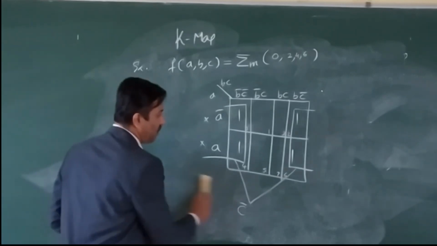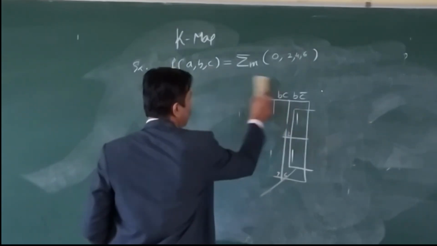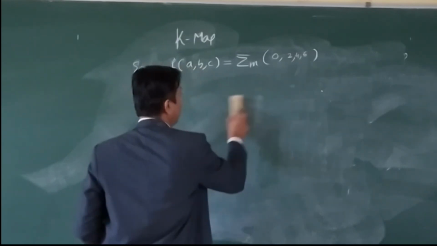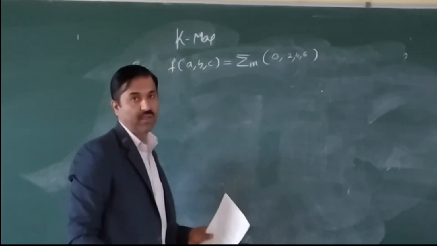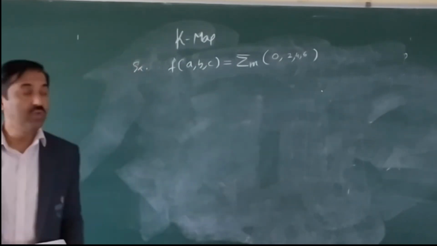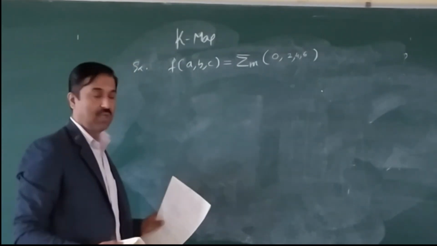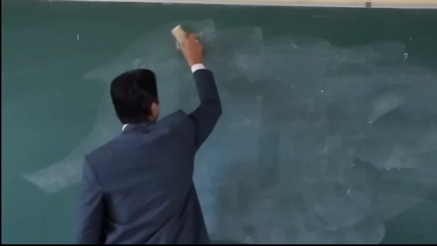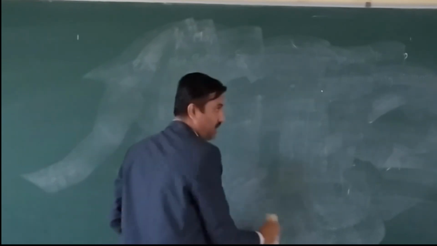In this way you can simplify most Boolean expressions quickly by applying this K-map technique.